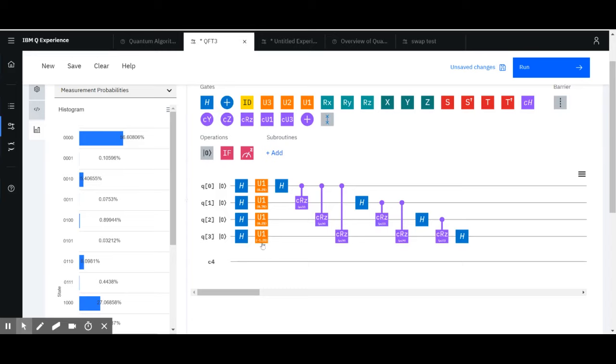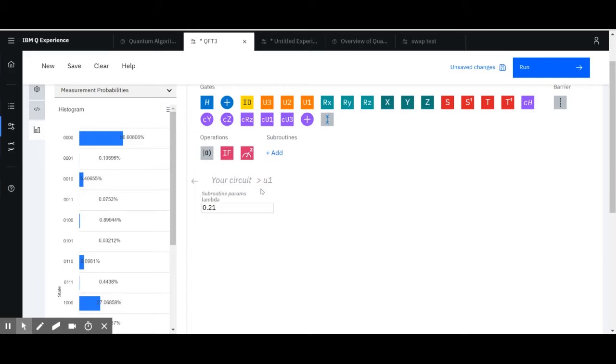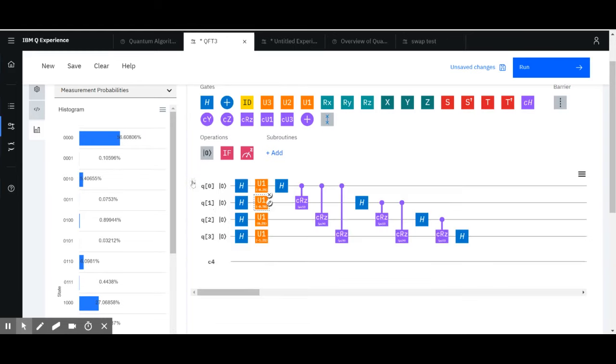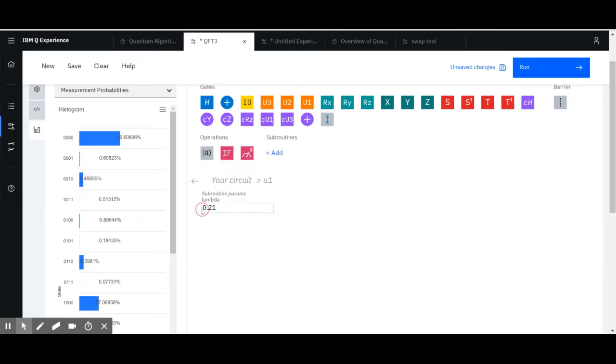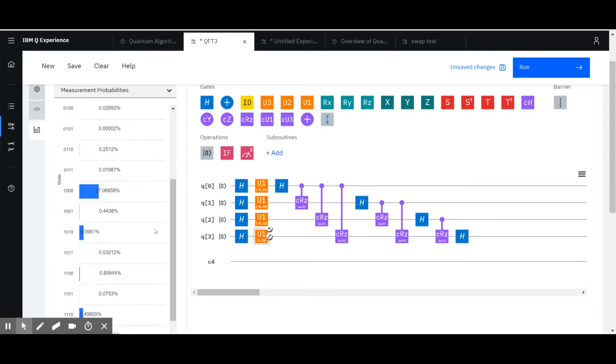But for some reason I don't know why, maybe I should change the signs here. Does this change the result at all? Because in the Q experience guide, they're doing a minus, but I think that doesn't really change anything. No.